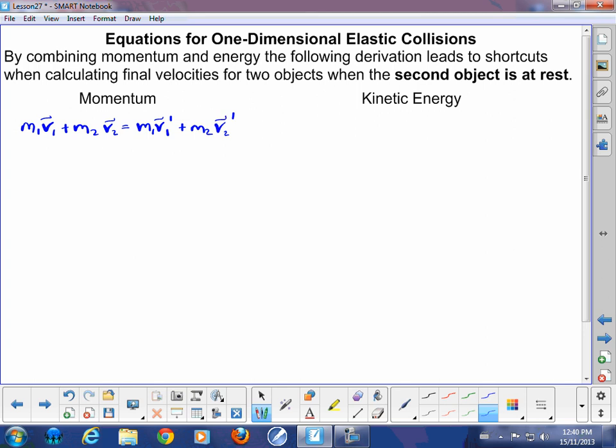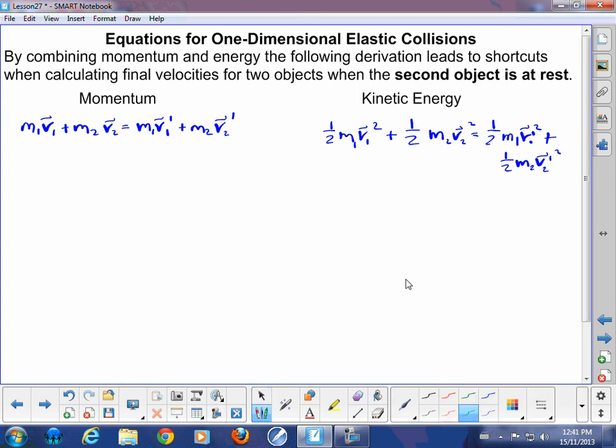And then from a kinetic energy standpoint, we have 1/2 M1 V1 squared plus 1/2 M2 V2 squared, and that's going to equal 1/2 M1 V1 prime squared plus 1/2 M2 V2 prime squared. So those are the two formulas that we want to look at and see how they interact with each other.